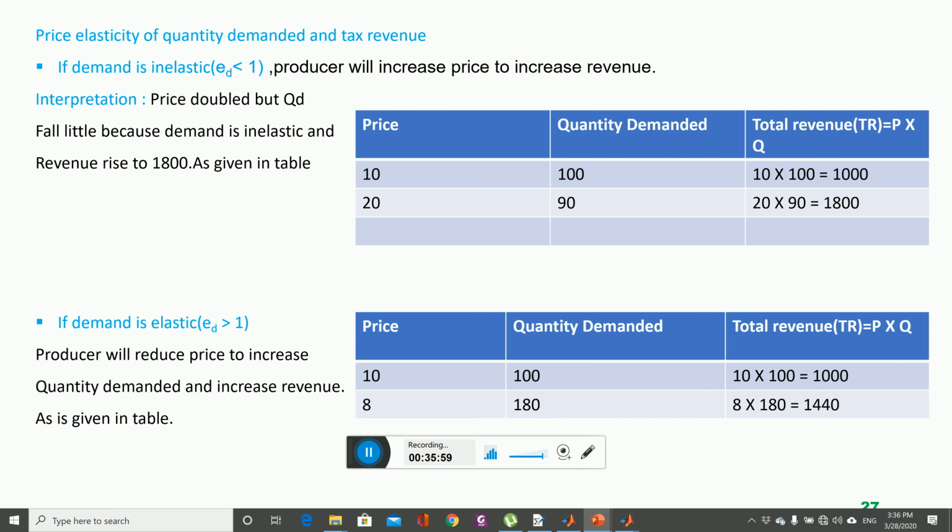So demand is jumping high. If the company increases price a little, demand falls sharply, so it is better for the company to reduce the price to increase revenue. Demand of the commodity is elastic. So when demand is elastic, the company has to reduce the price and earn more and more.